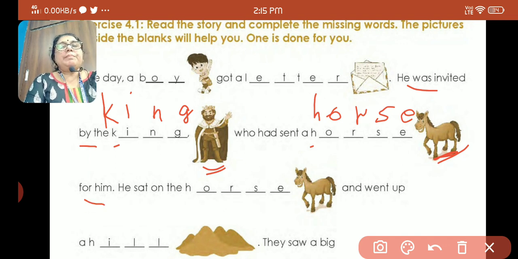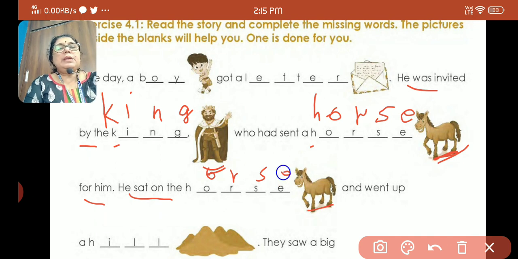For him. He sat on the horse. So again horse. H is already there. O-R-S-E, horse. H-O-R-S-E, horse, and went up the hill.